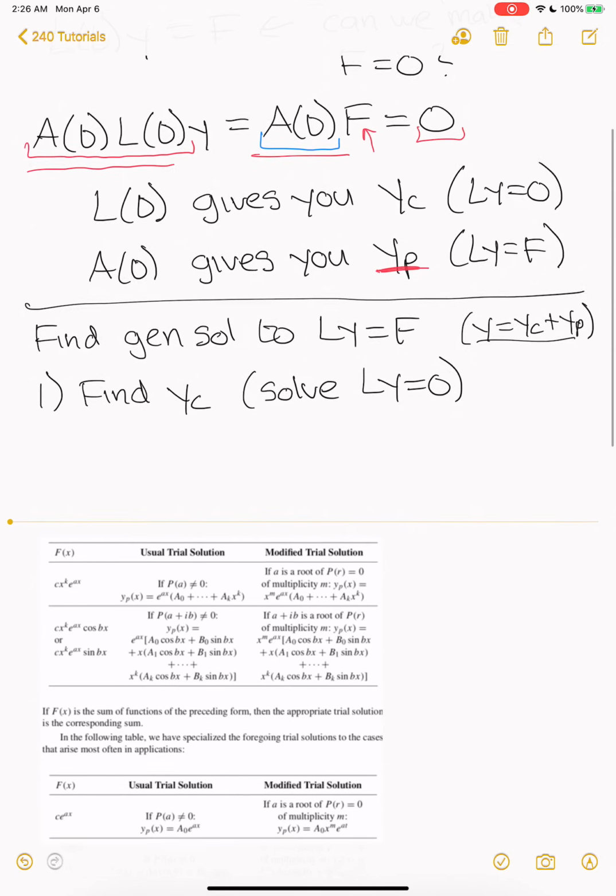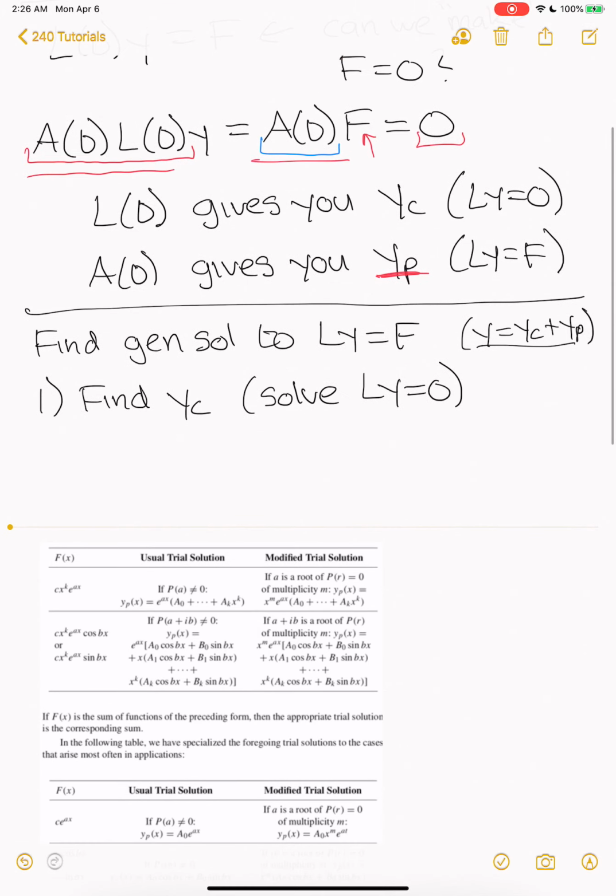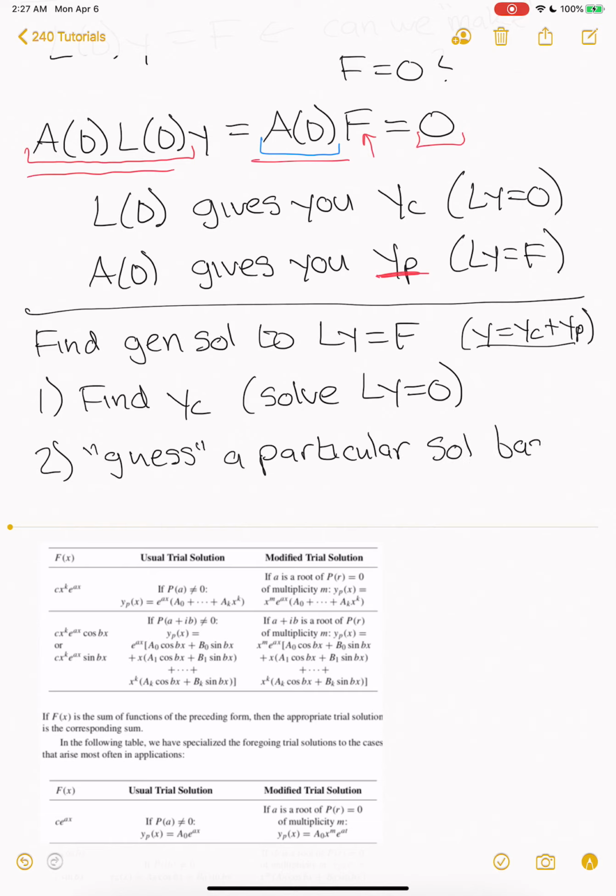So that's our first part here. That's going to be simple. What we do next is we guess a particular solution based on this table here.